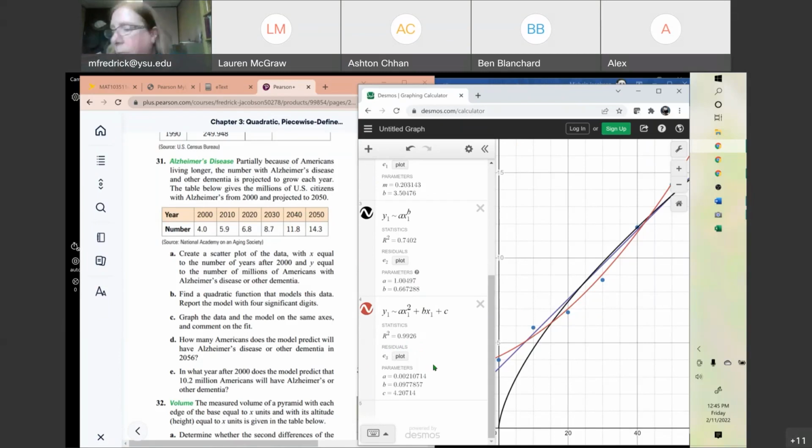So for our quadratic equation, it would be y equals A is 0.00, I'm going to just go 3 decimals, 0.002 x squared plus 0.098x plus 4.207.